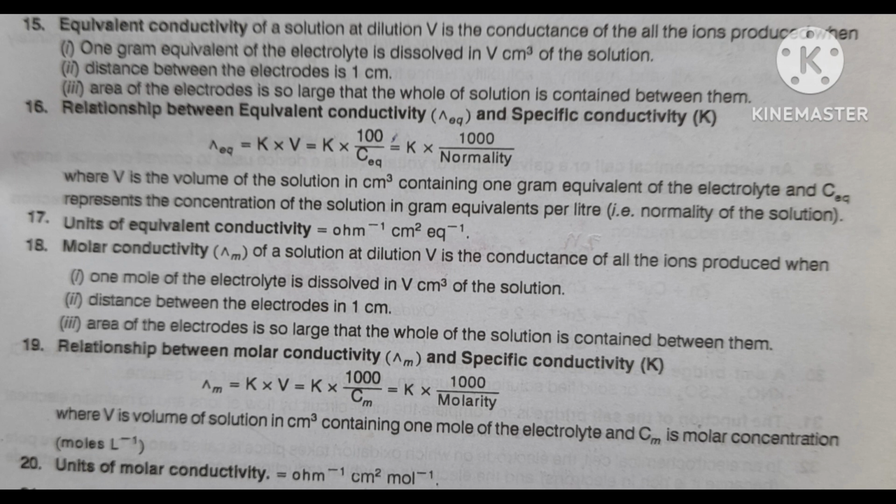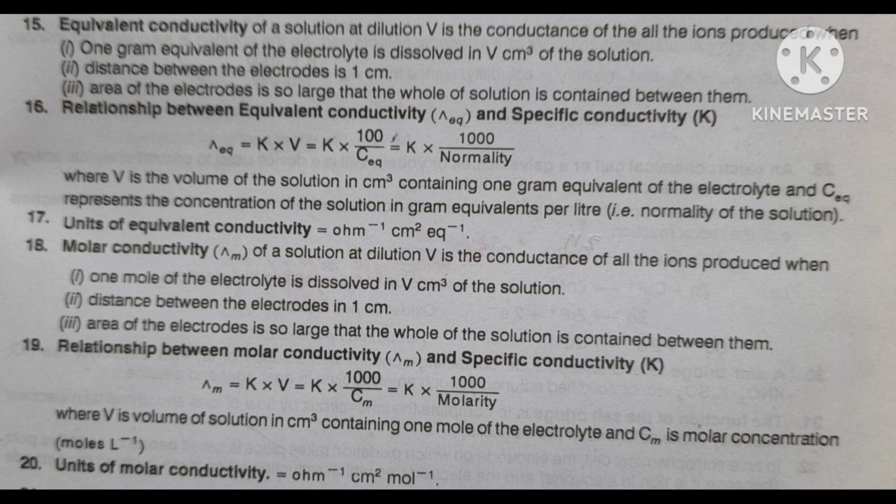Molar concentration means number of moles per liter. Again its unit is the same way: ohm inverse centimeter square per mole, or you can say per ohm centimeter square per mole.